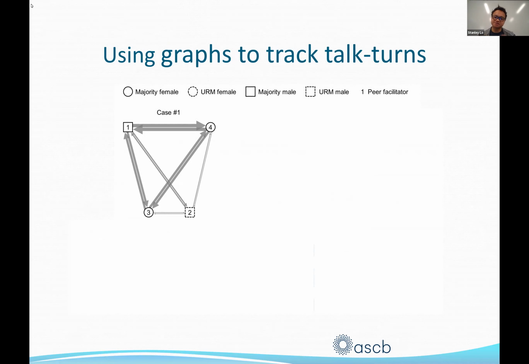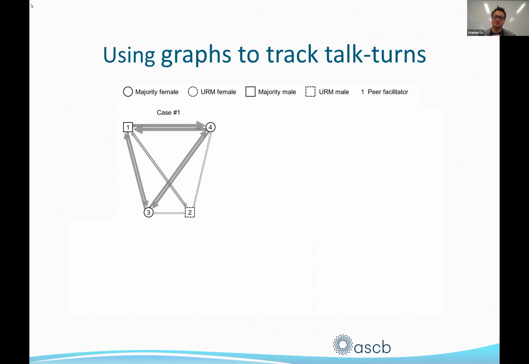What we see here is that the students are seated in a circle or round table, or I guess square-ish conformation. Each person is represented by a node, either a square or a circle, with a solid or dashed line depending on their demographics outlined at the top.